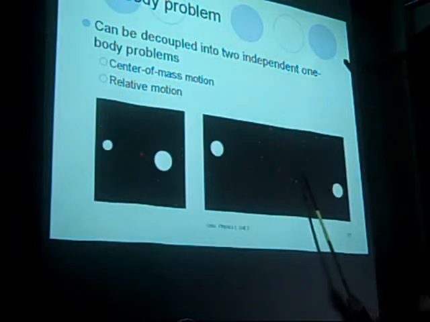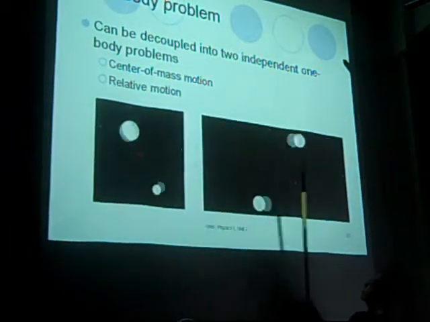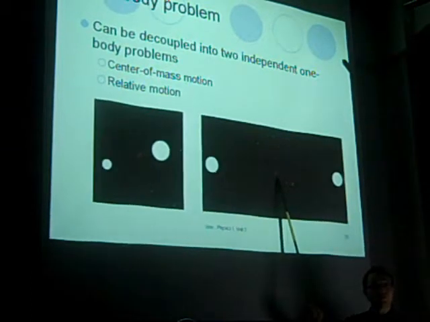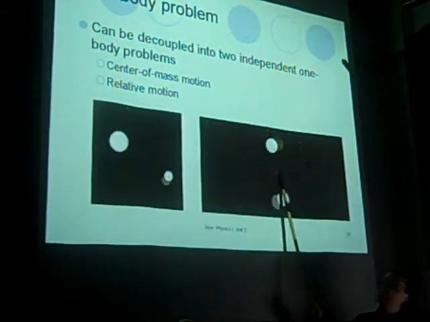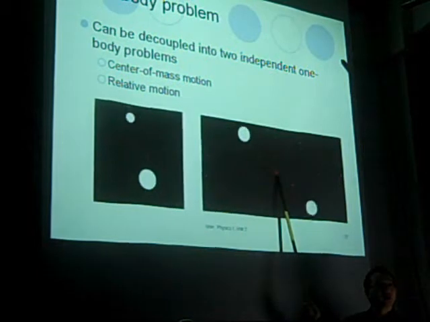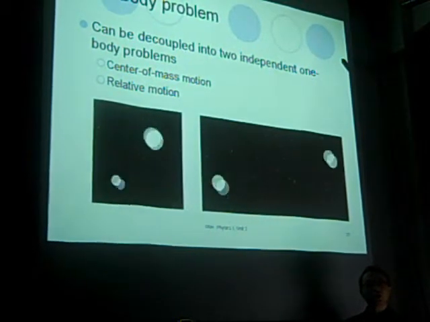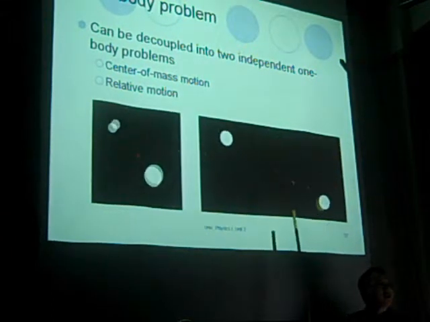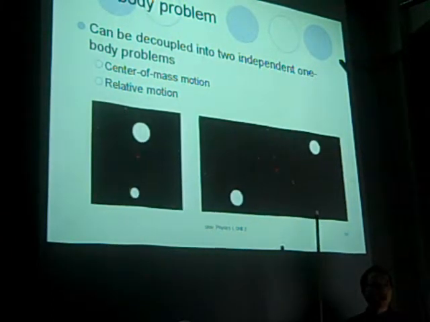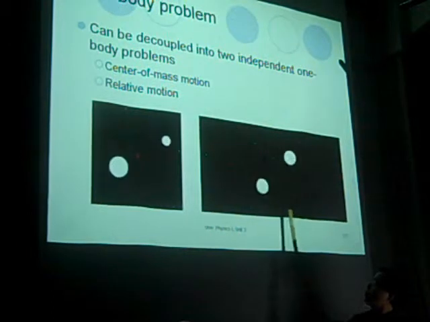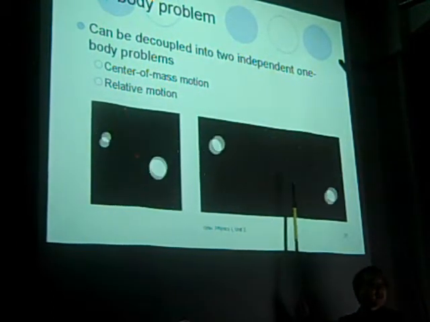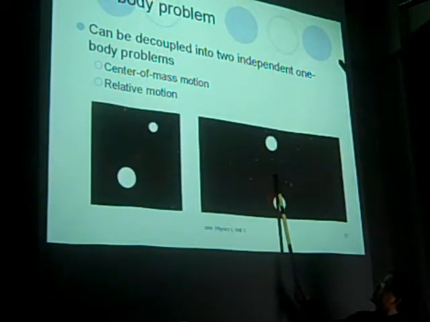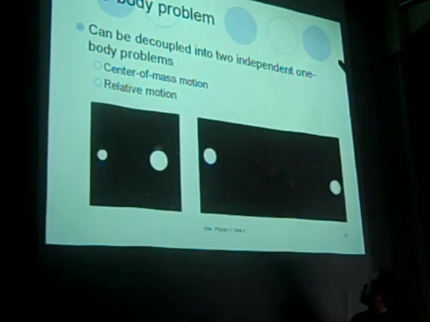This is the center of mass, the cross here. In this case, it's not moving at all. And of course, in the more general case, the center of mass will move. When the center of mass is moving, both of the objects are moving with the center of mass. So that's the motion of the center of mass.